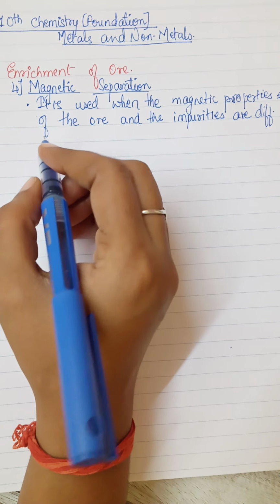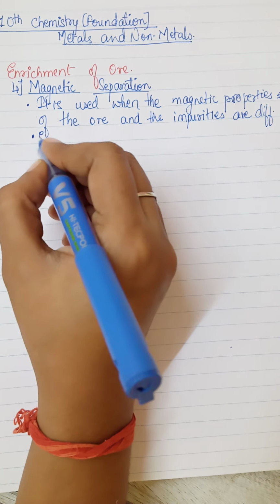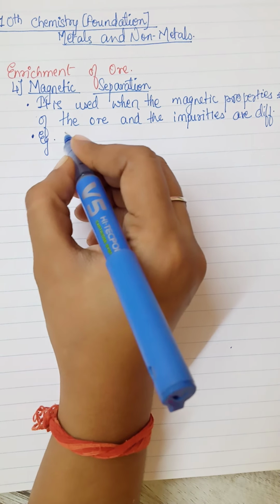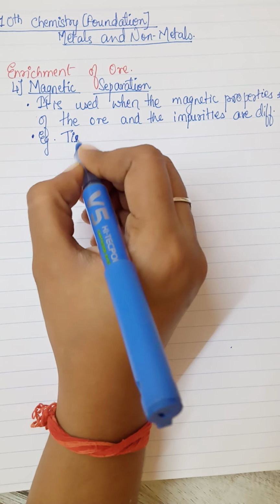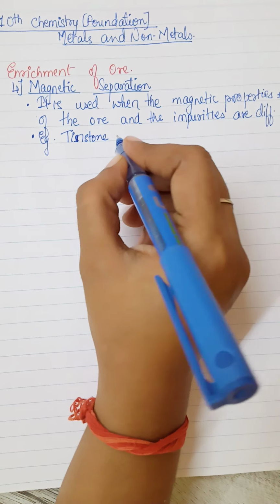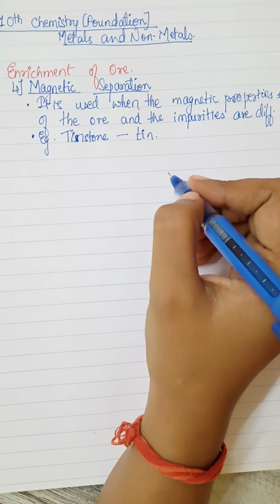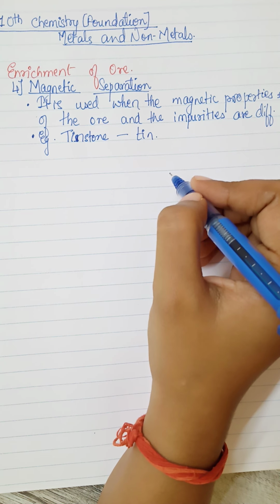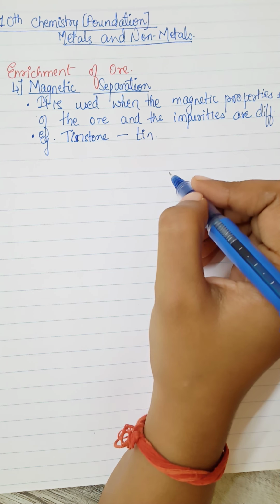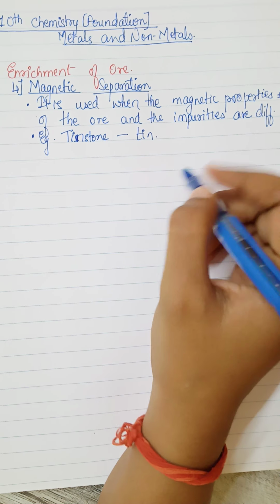So for example, there is an ore named tin stone. Tin stone is the ore of tin. It contains wolfram as an impurity, that is magnetic.